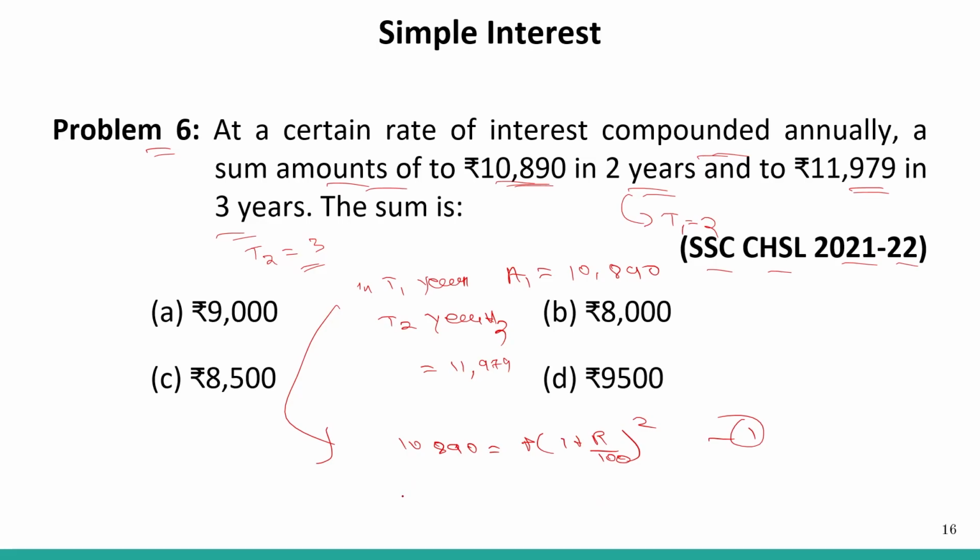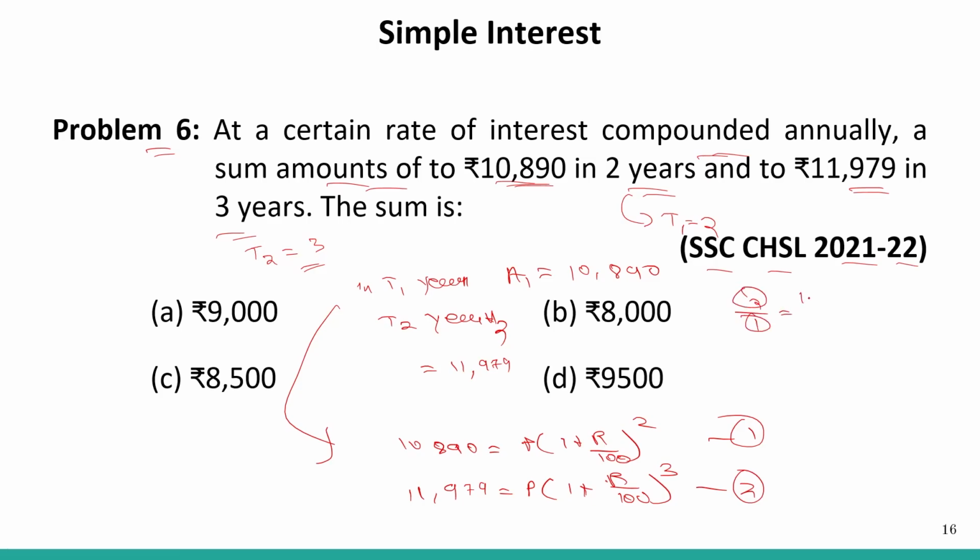And the second one, that is in T2, in 3 years, the sum becomes 11,979, which is equal to P into (1 plus R by 100) whole power 3. So let's do one thing: let's divide equation 2 by equation 1.